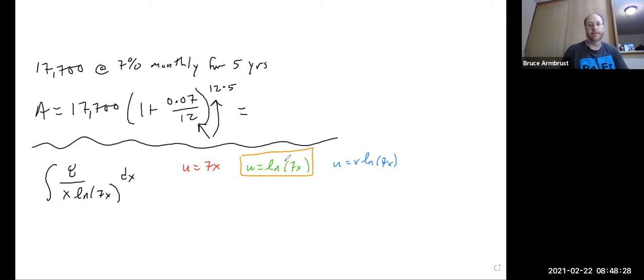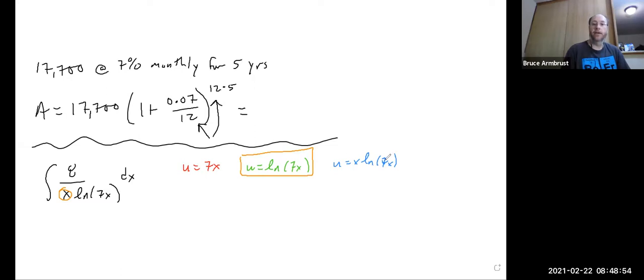Or, well, a 1 over 7x times the derivative of 7x, right? But the key is I recognize because it's natural log, that's going to give me an x on the bottom. And I look over here and I see this x on the bottom and I go, oh, that's going to be good. That's going to end up being part of my du and it's going to go away.